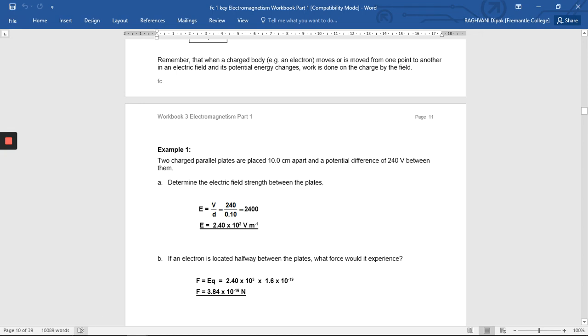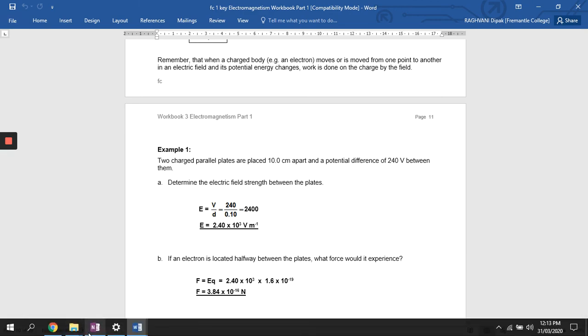So 2.4 times 10 to the 3, and then they got the force is the electric field strength times. Yeah, so they got the same thing, I think. 3.84 times 10 to the minus 6, minus 16.